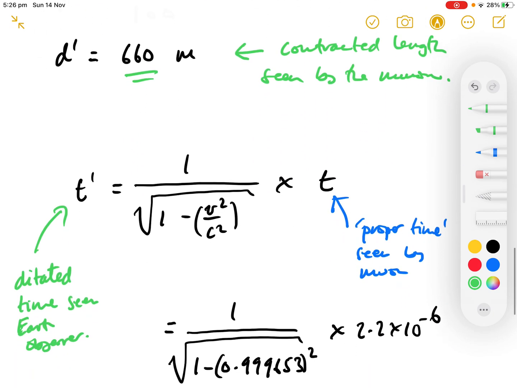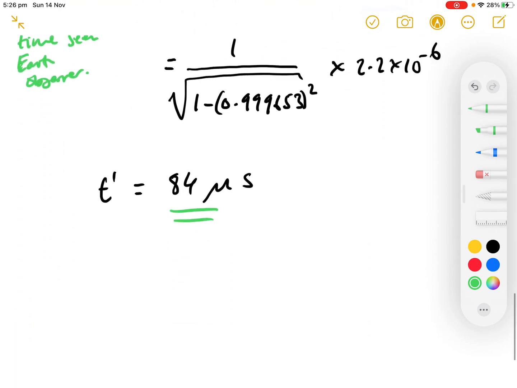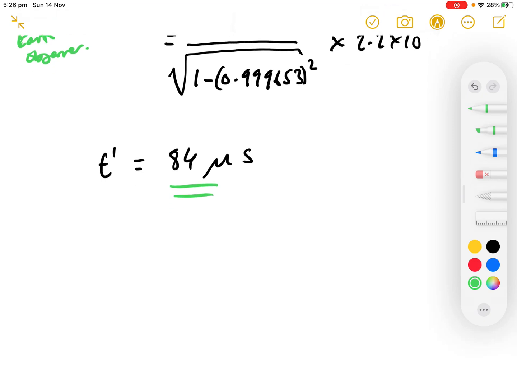Now the muon thinks that it's only got 2.2 microseconds. That's what it measures its time of flight as, but the Earth observer measures it to be 84 microseconds, a considerably longer period of time.